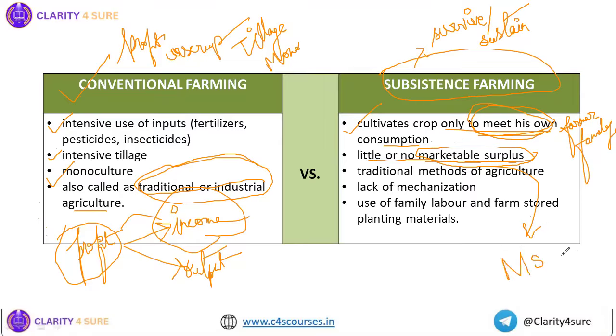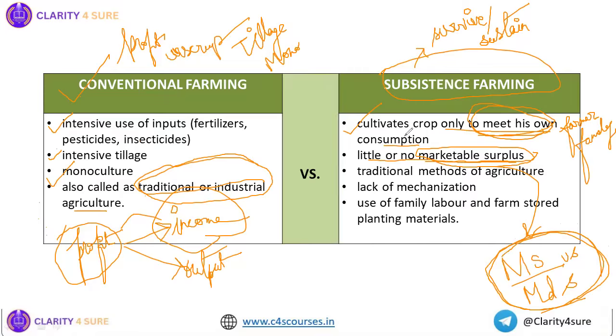And what is the difference between marketable surplus and marketed surplus? There are two terms, marketable surplus and marketed surplus. You have to mention first the meaning of marketable surplus, and then differentiate between marketable surplus and marketed surplus. So this is your first homework, the answer of which I will be expecting in the comment section.